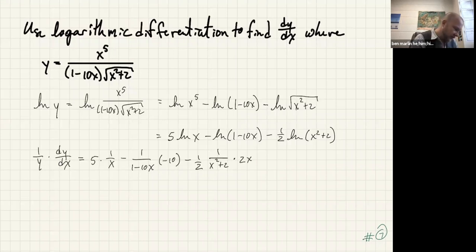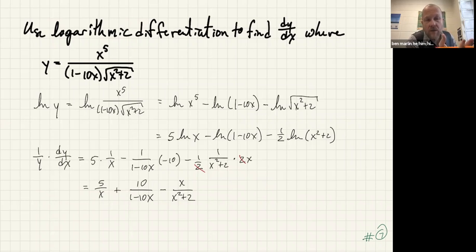Now, everything that you can simplify, you simplify, and 5 over x plus 10 over 1 minus 10x. Hope y'all spotted the minuses canceling there. And then minus, the 2's canceled. And so you end up with minus x over x squared plus 2. Okay. Now we're almost done.